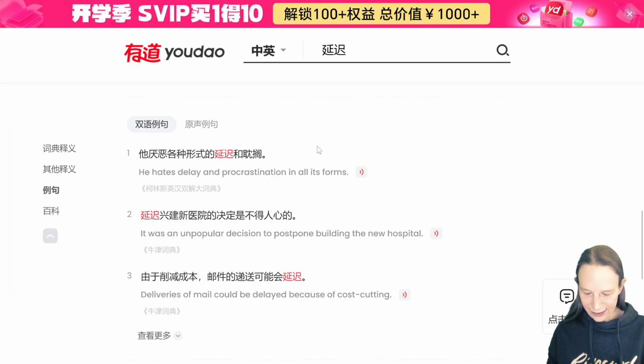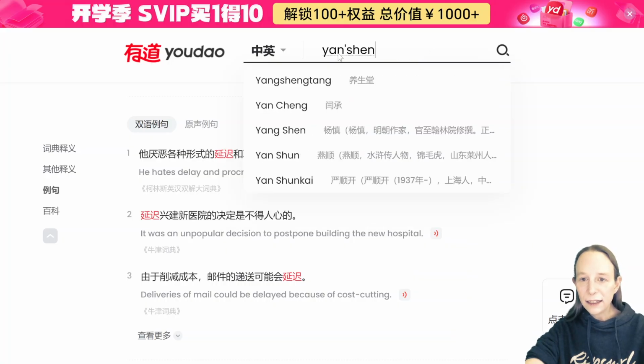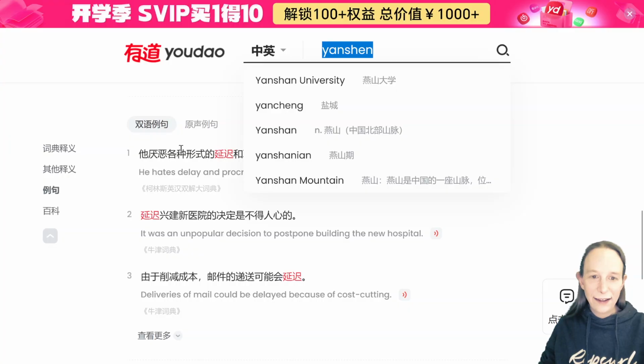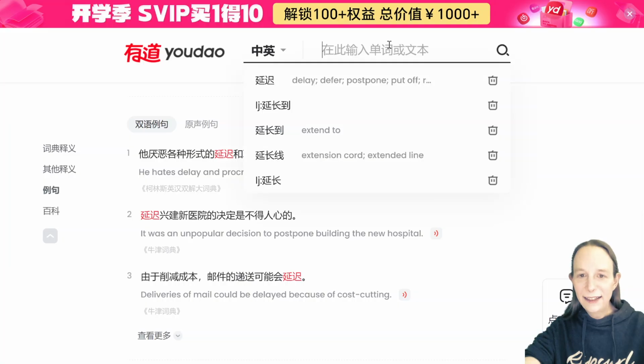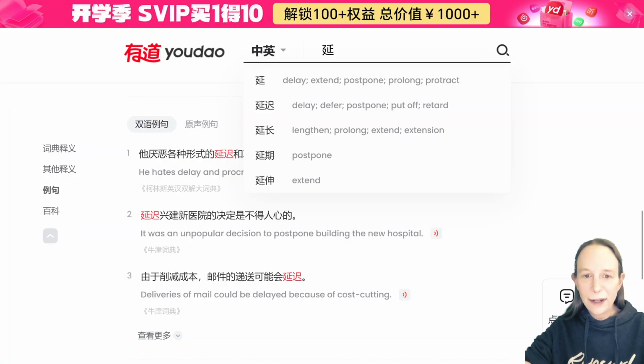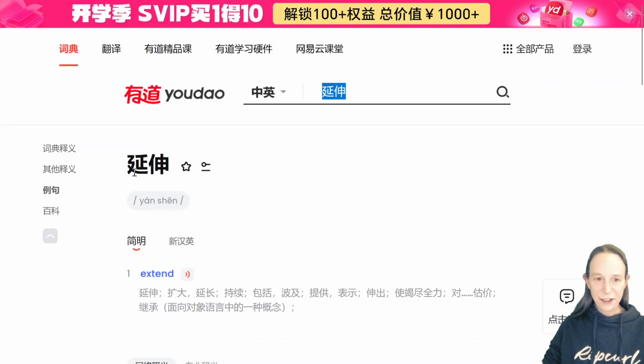Okay, next, 延伸. Yeah, this one, 延伸. Wait one second. Can I just put it in like that? No. All right. Shen. So the problem is my input is saying this one, but it's not that one. It is this one. Yanshen.